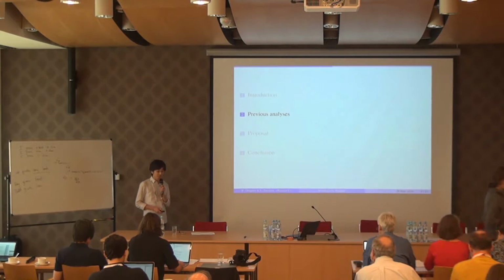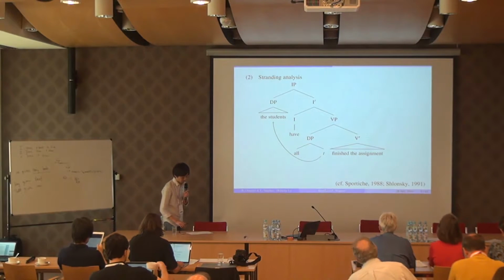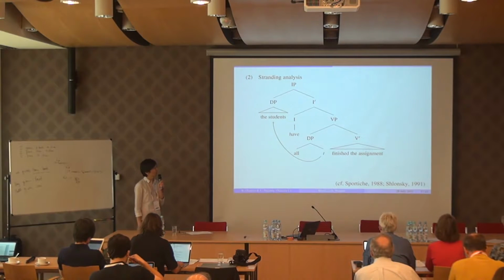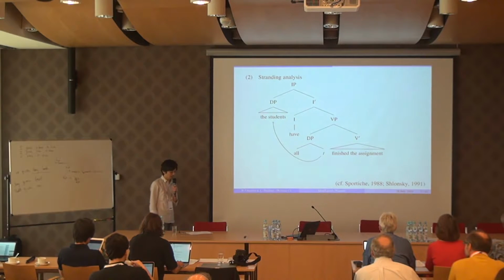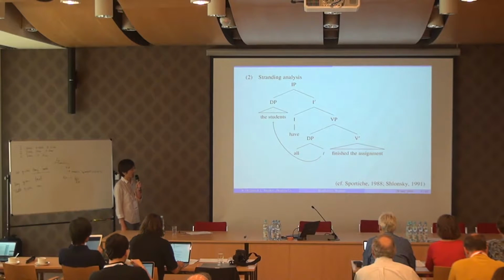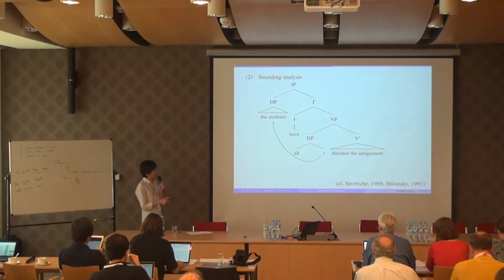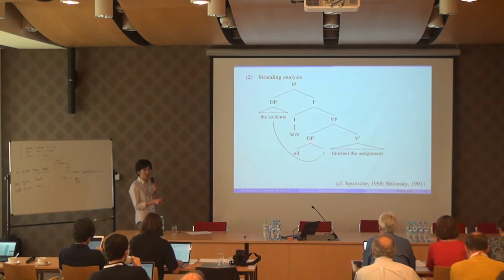In transformational analysis, one of the common or popular approaches is the so-called stranding analysis. The basic idea is that the quantifier and the modified noun form a single constituent, and they appear, for example here, in the spec DP position, and only part of the DP moves up to the front.